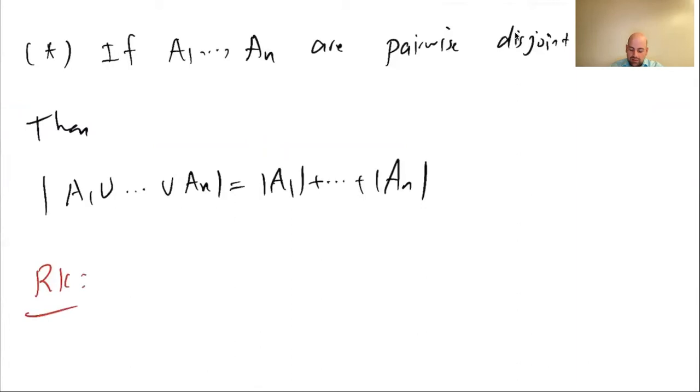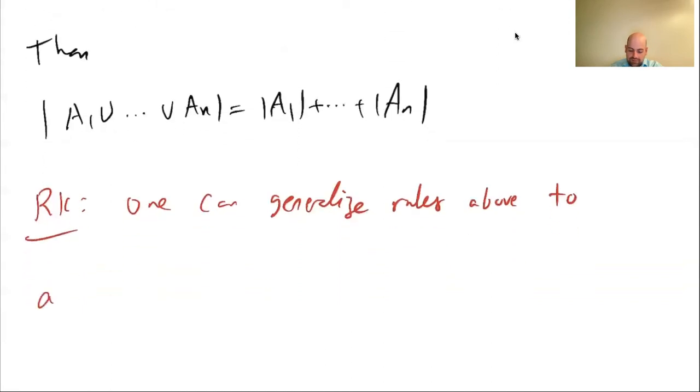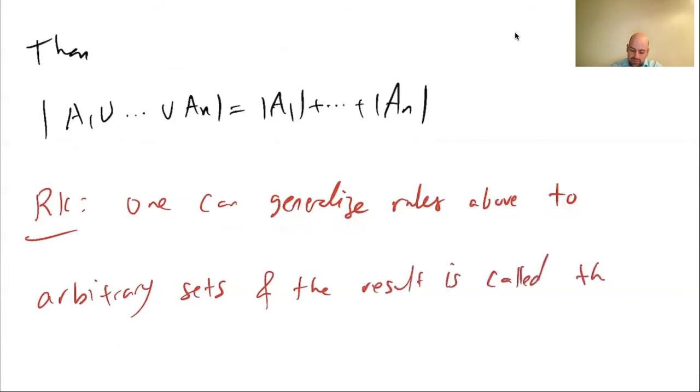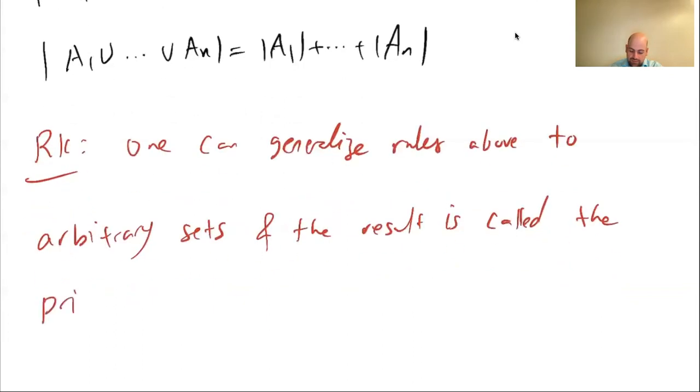So, remark: one can generalize the rules above to arbitrary sets, and the result is called the principle of inclusion-exclusion.